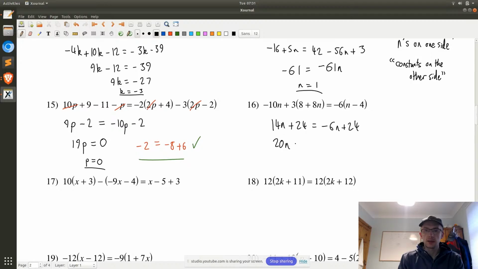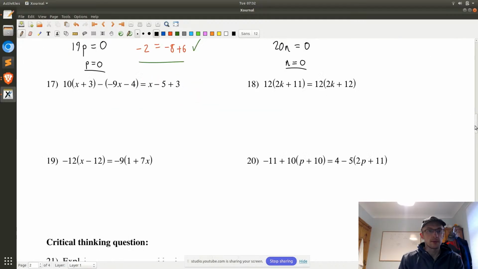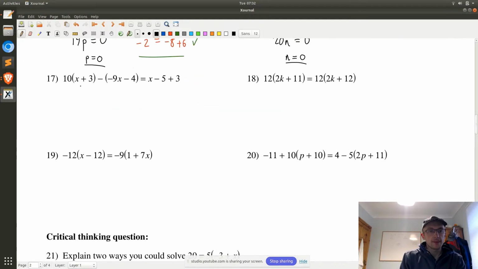Oh, wait. So that 20n equals 0, so n equals 0 in this case as well? I guess so, because that would mean 24 on the right and 24 on the left, so it checks out. So it's fine.